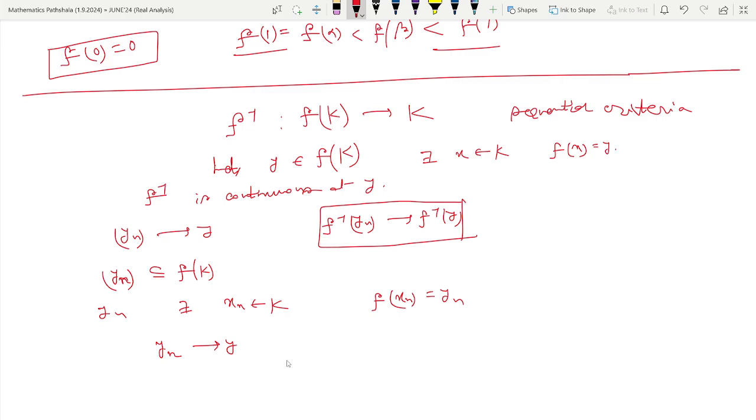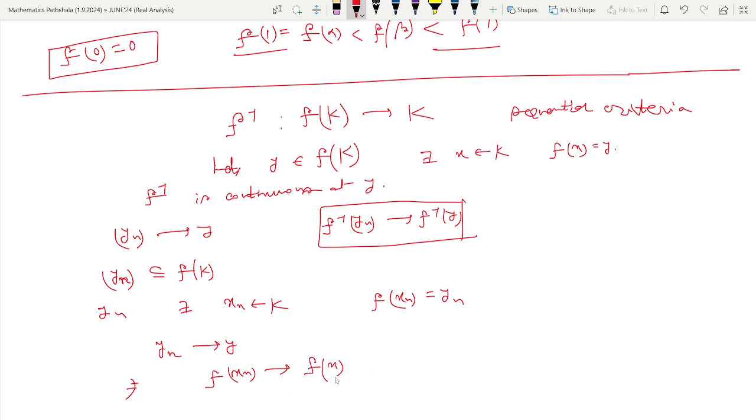Now y_n tends to y, that is, f(x_n) tends to y, that is f(x).